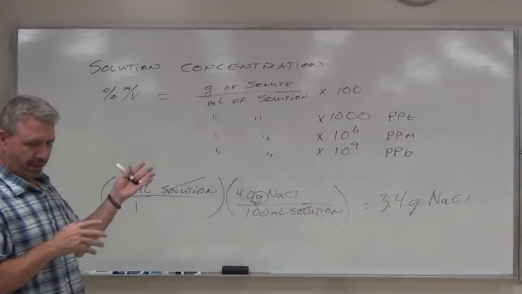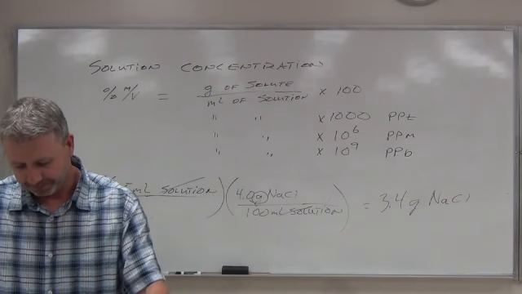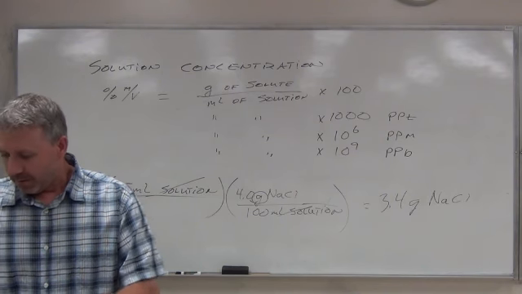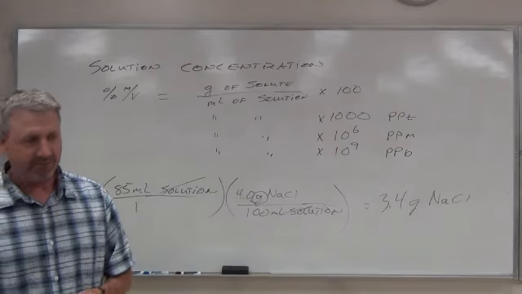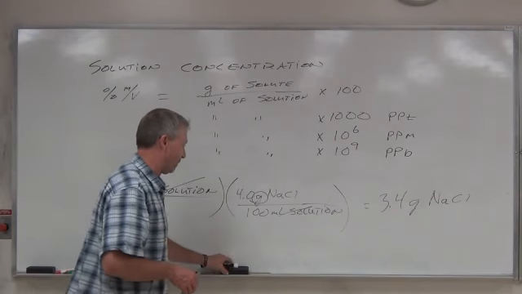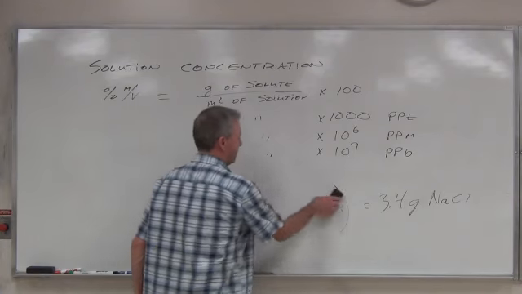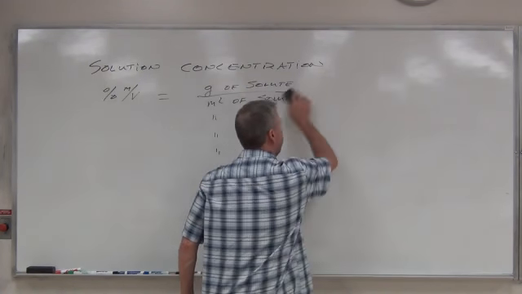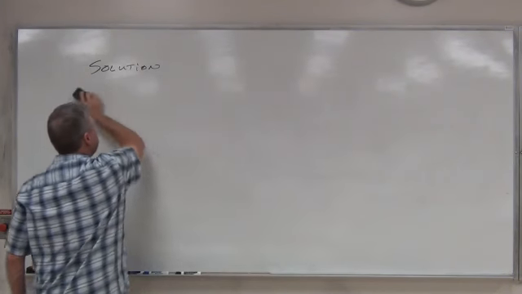These are a couple of the ways to represent solution concentration. What's the most famous and most common one? Molarity. By far. In chemistry, it's molarity. And we've already seen molarity. We saw it yesterday during lab.